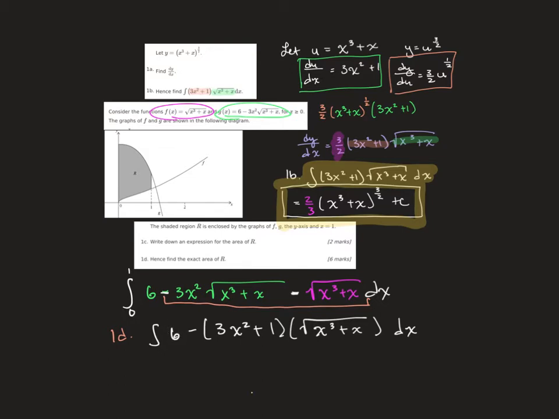So this is going to be equal to 6x minus 2/3 times x cubed plus x to the 3 halves plus c. But I don't really have to mess with that plus c because this is actually a definite integral, and I'm just going to go from 0 to 1. So we're going to evaluate from 0 to 1 here.